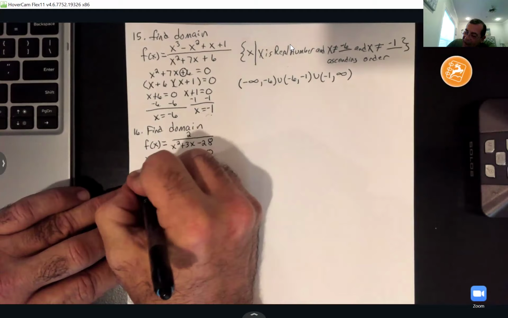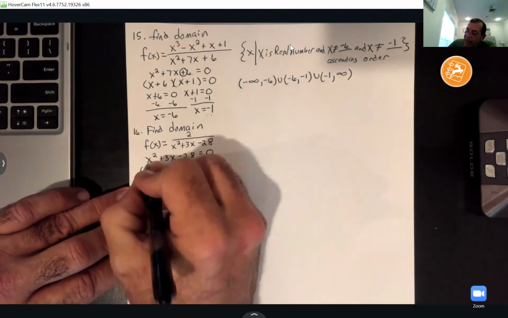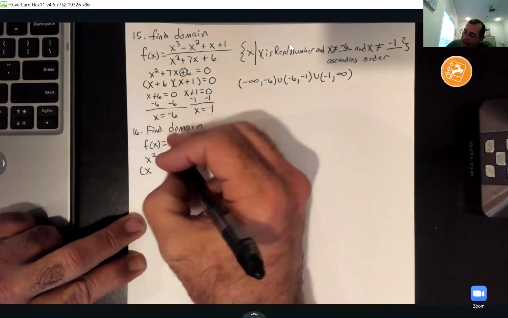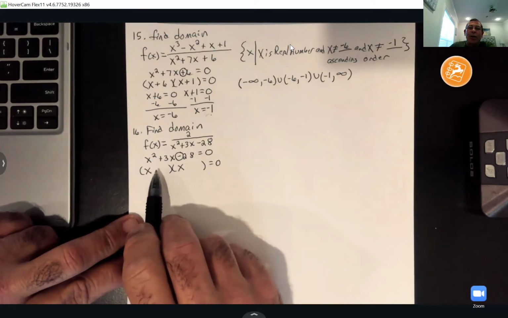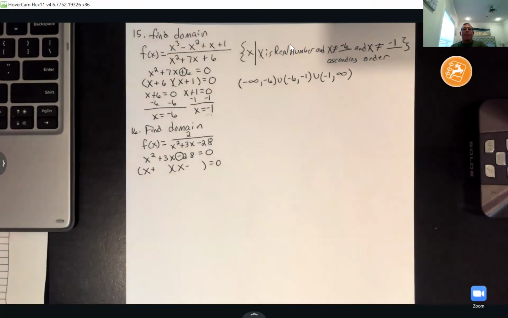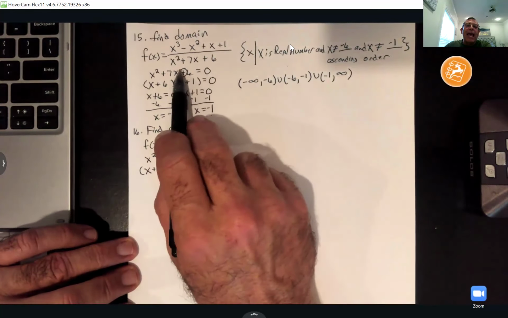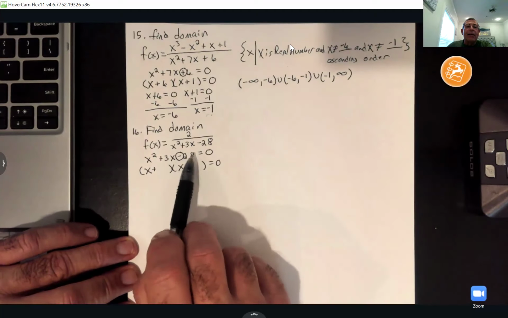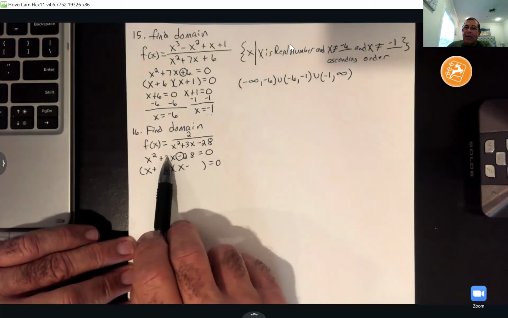So this one will factor also. But y'all look here. The x squared is still an x and an x. But your last number is negative. So that means one of these will be positive, one of these will be negative. Now, when the last one's positive, your factors add to get to the middle. When they're negative like this at the end, I need factors of 28 that'll subtract and give me a 3.